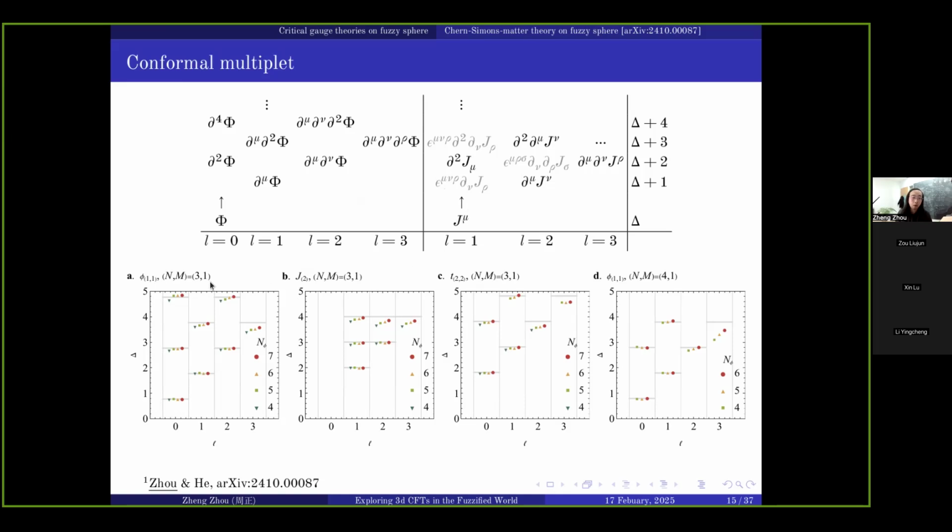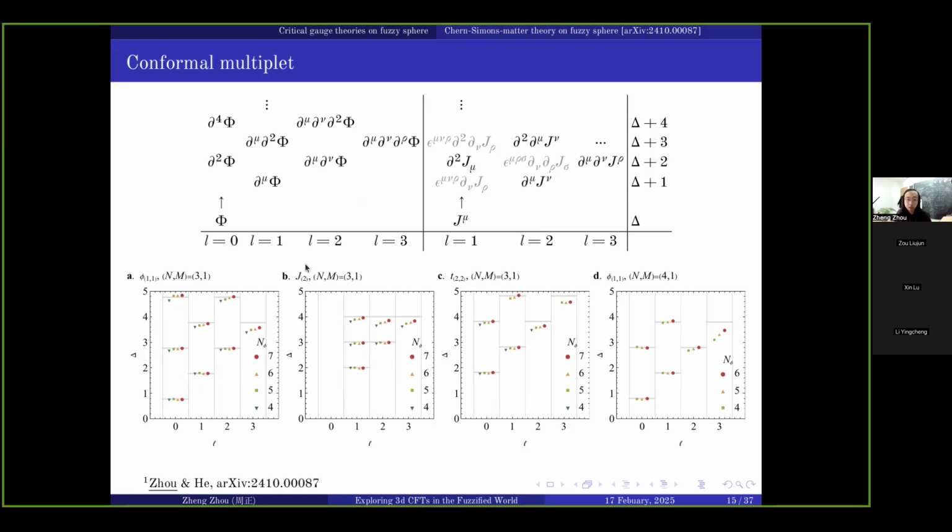So in our model, we find that all the states can be classified into different conformal multiplets, and in the conformal multiplets, there is very good integer spacing. For example, we can look at the lowest operator in the antisymmetric tensor representation, and we can find all of its lowest descendants at very good integer spacing.